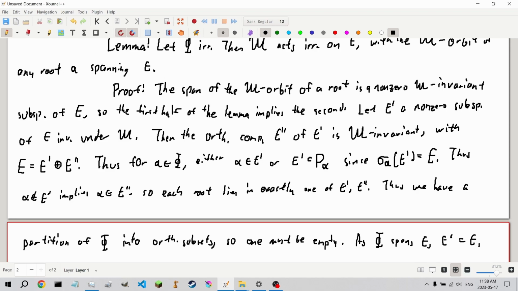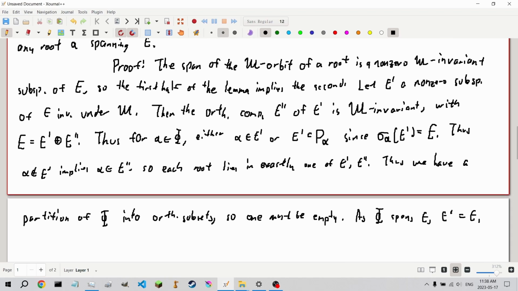And there's two more lemmas we have to go through here. The first one: we're going to let our root system phi be irreducible.